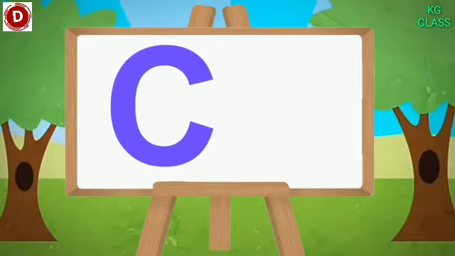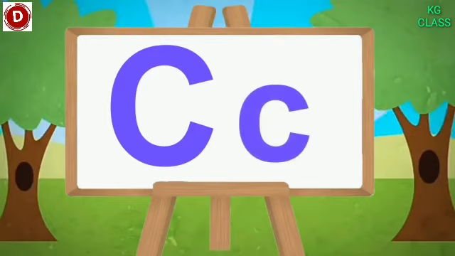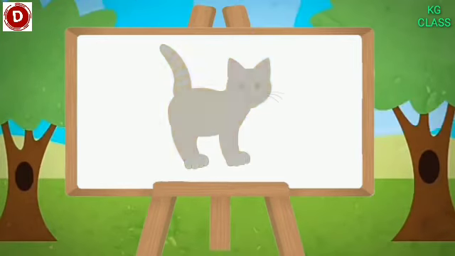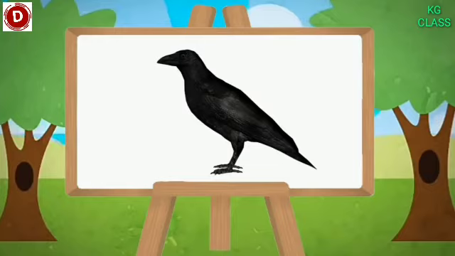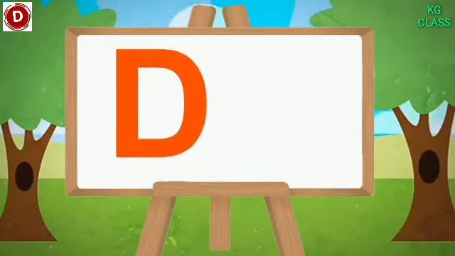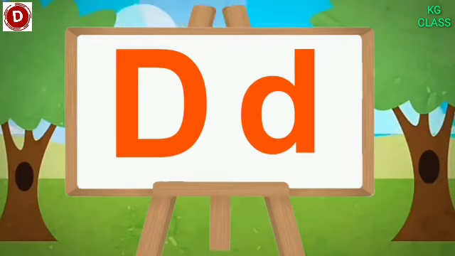Now comes C. This is capital C and small c. C for cat and C for crow. This is D, capital D and small d.